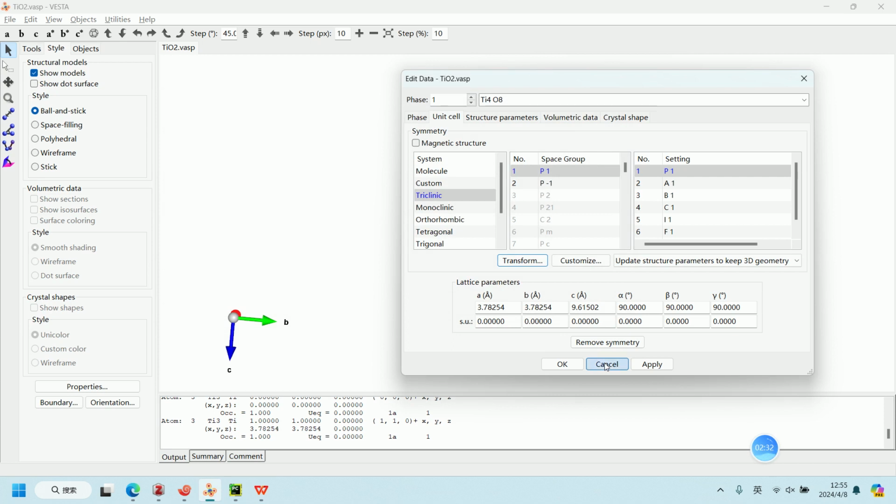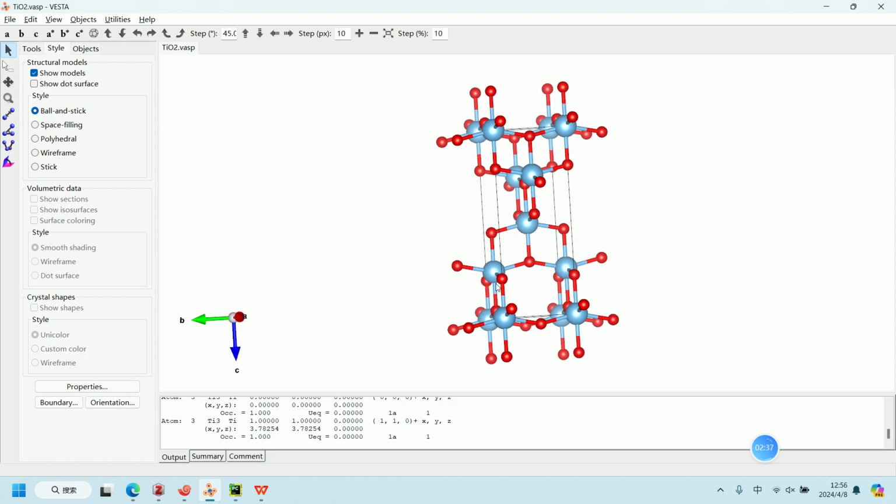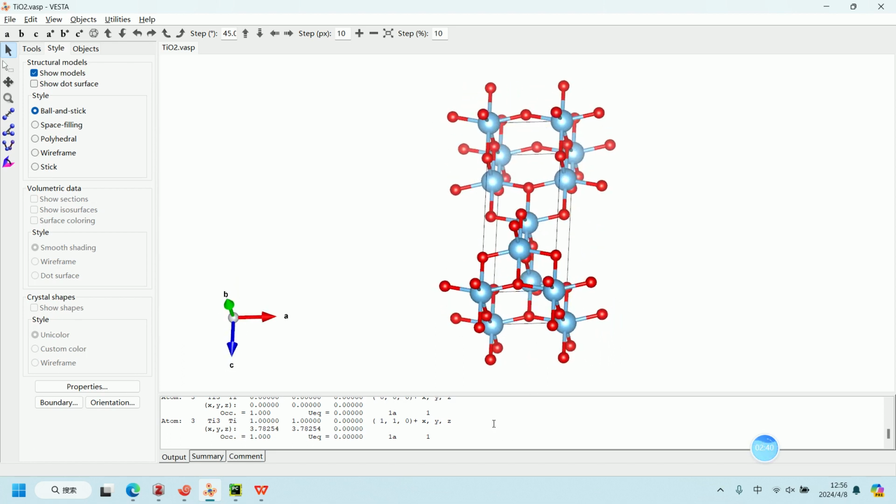So let us return back to this place, and where is our old set of basis vectors? That is our current set of basis vectors here. Because alpha, beta, and gamma are all 90 degrees, we only need to know these three values to construct our old set of basis vectors. We can copy it.